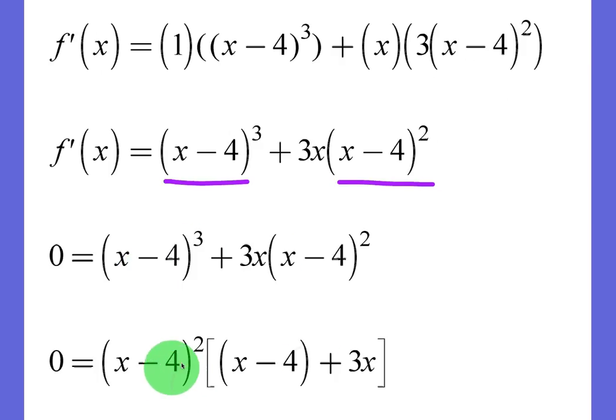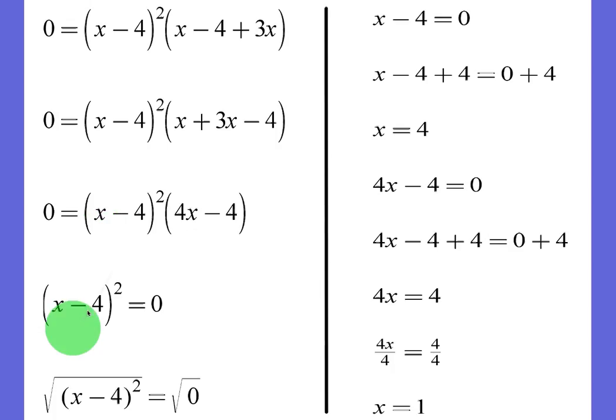And we will be left with an x minus 4, because this is a power of 3, plus 3x. Okay, and we are setting that equal to 0 to figure out what the critical values are. So we've got basically two factors now. Now this x plus 3x is going to become 4x. So it'll be 4x minus 4 times x minus 4 squared.